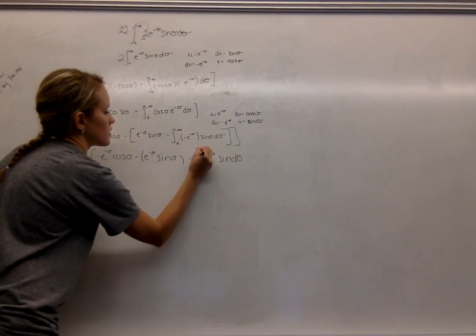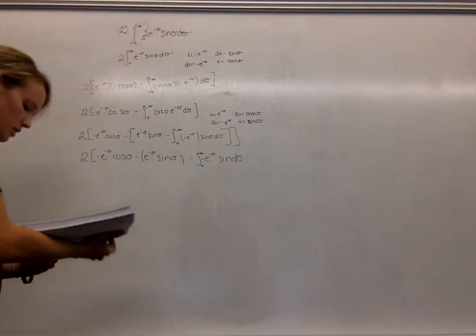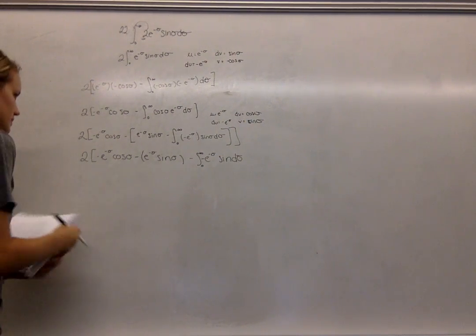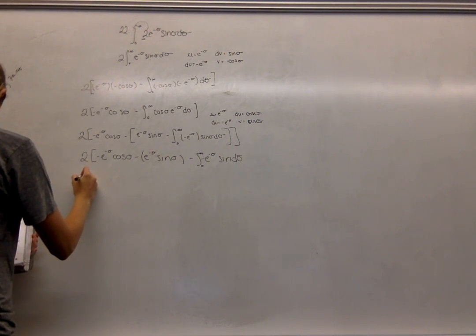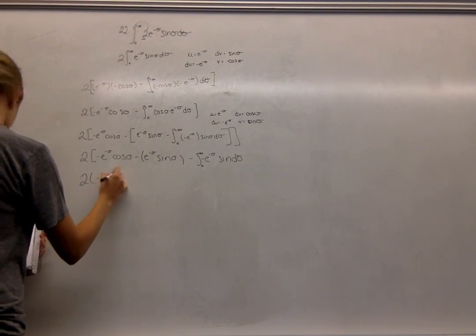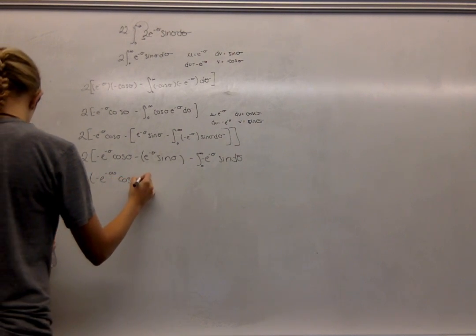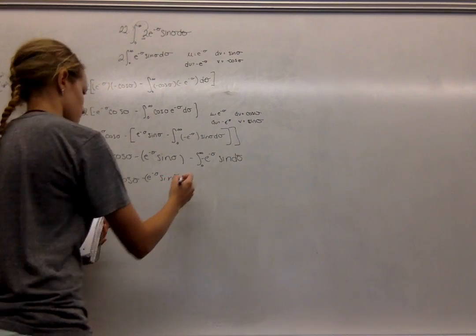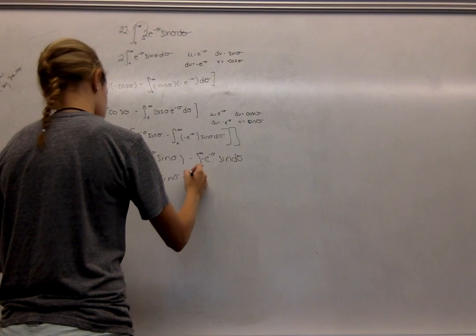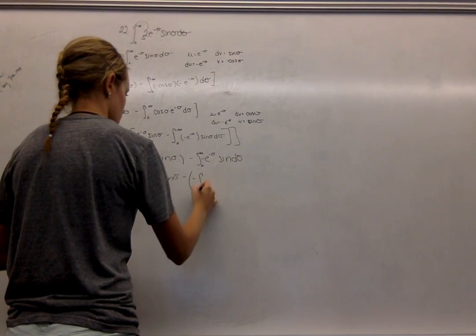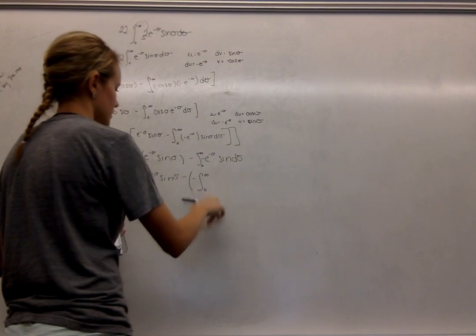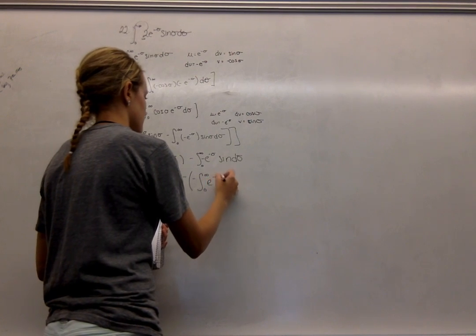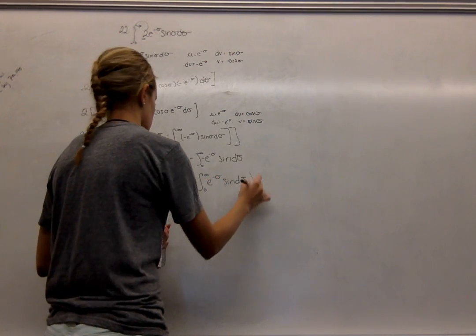Let's put a 0 to infinity there, and we're going to keep going. It's just a lot of simplifying going on right now. This is equal to 2 times negative e to the negative theta cosine theta minus e to the negative theta sine theta, minus negative the integral from 0 to infinity of e to the negative theta sine theta d theta.